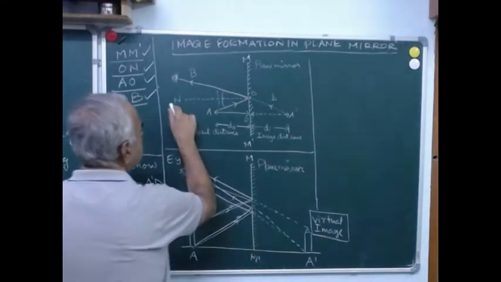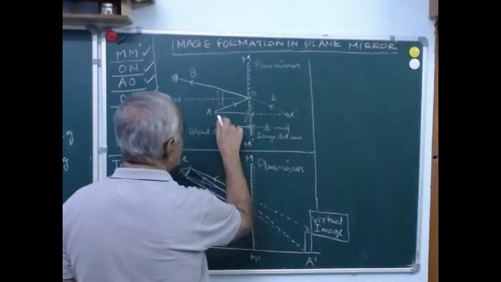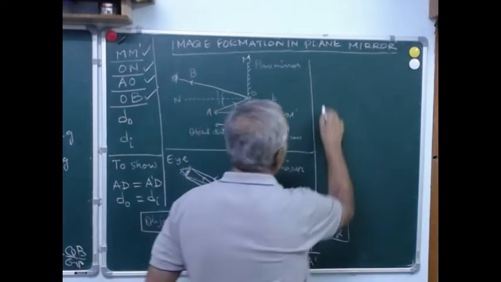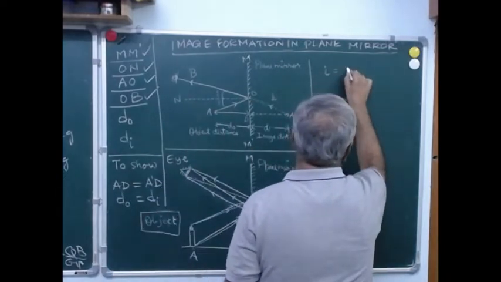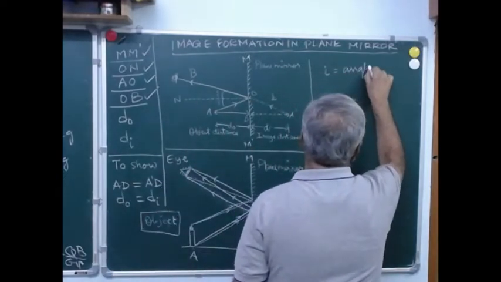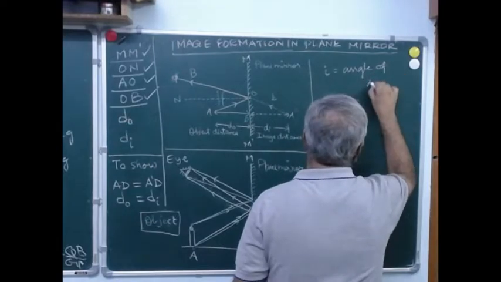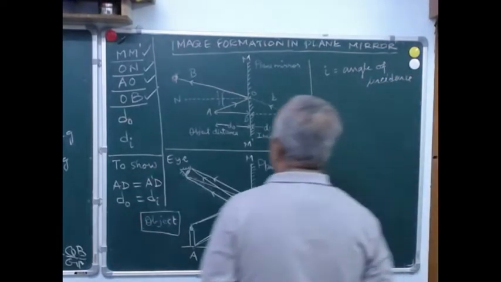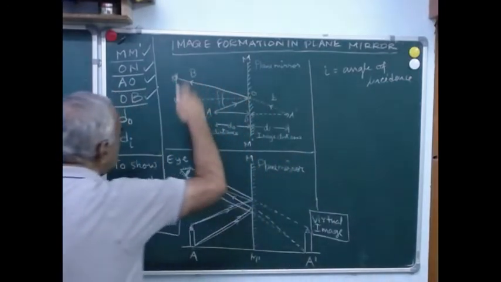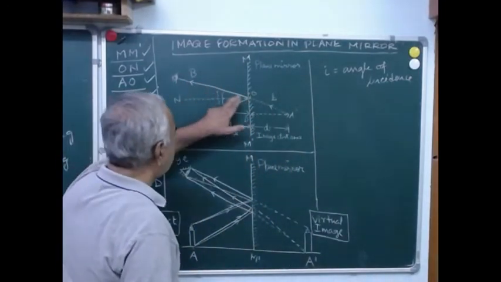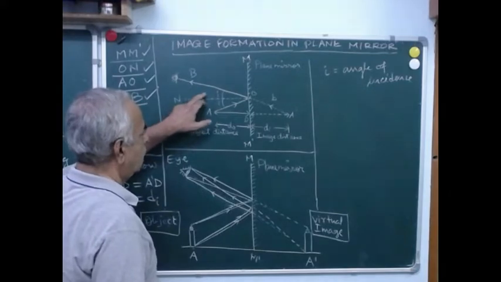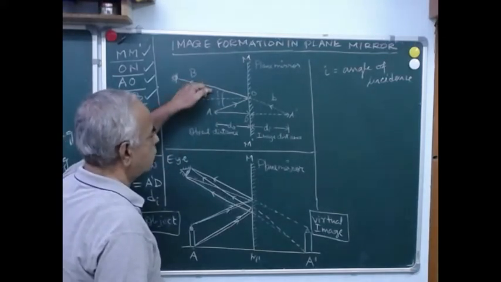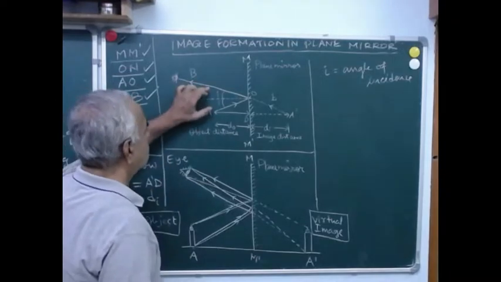Now you know the angle subtended by the incident ray to the normal is I. That is angle of incidence, or incident angle. And the angle subtended by the reflected ray to the normal is R. In this case it is equal to I, so I have put simply I. So both are same.